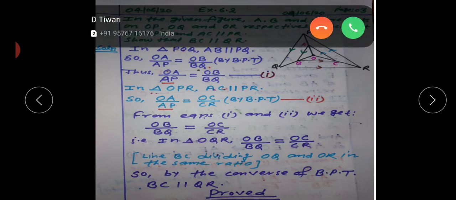Now let us see question number 6. In the given figure, A, B and C are points on OP, OQ and OR.